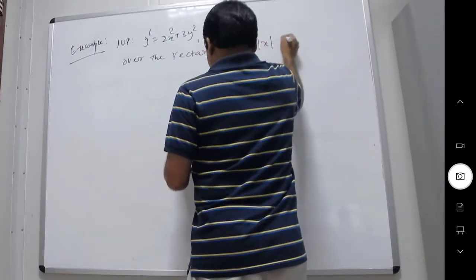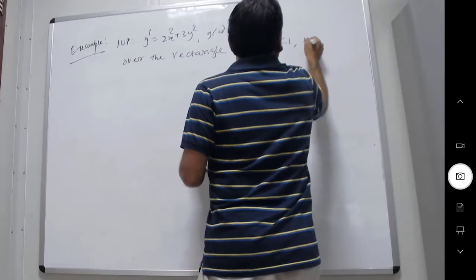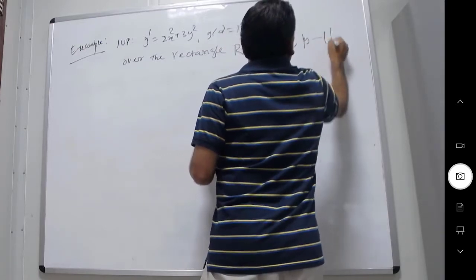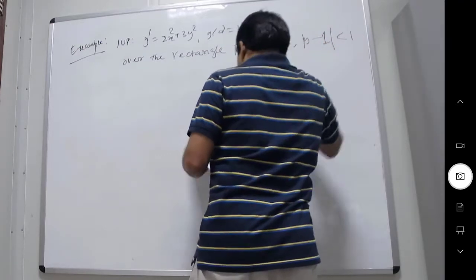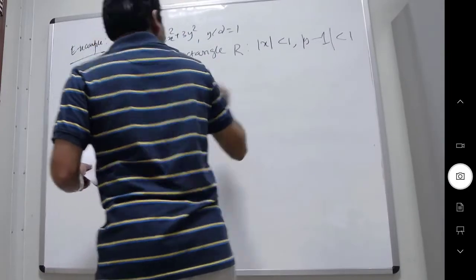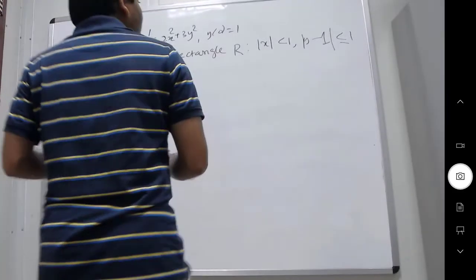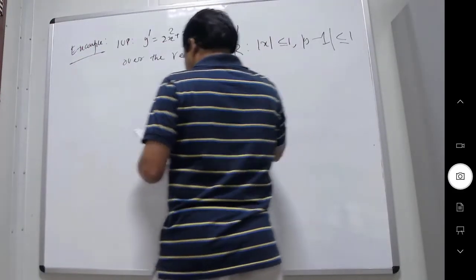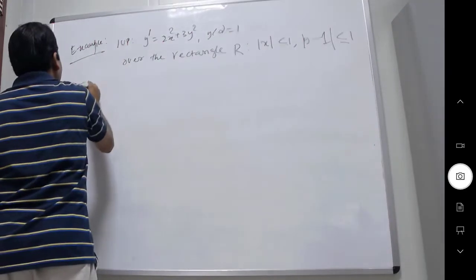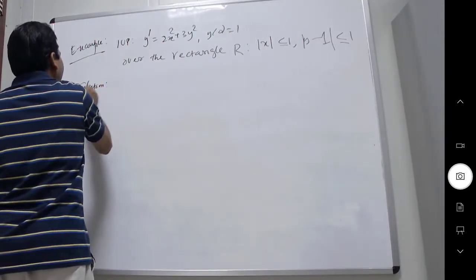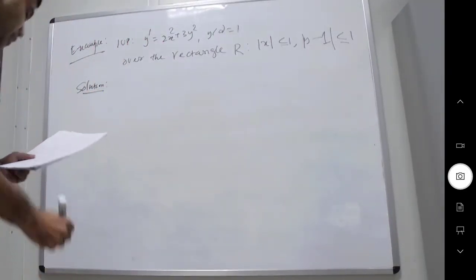Mod x is less than 1 and mod y minus 1 is less than 1. Okay. So what is your x naught here? We aim to find this solution.